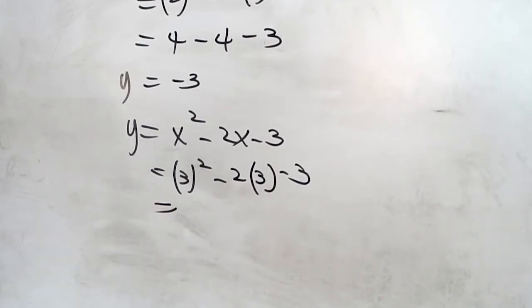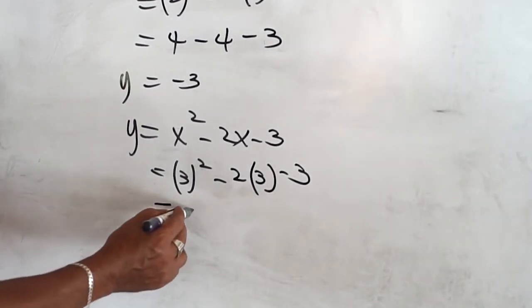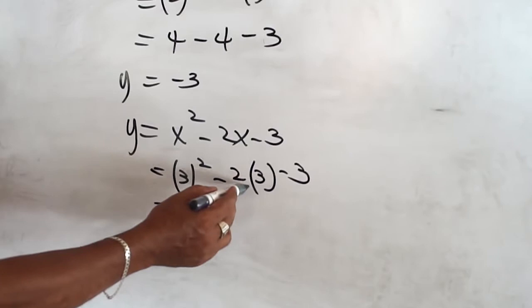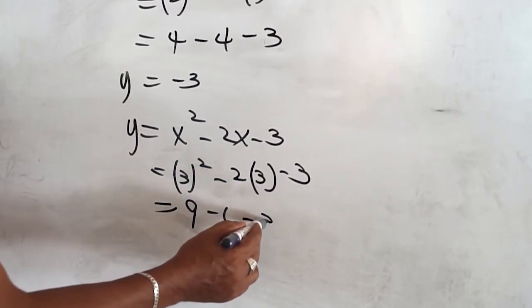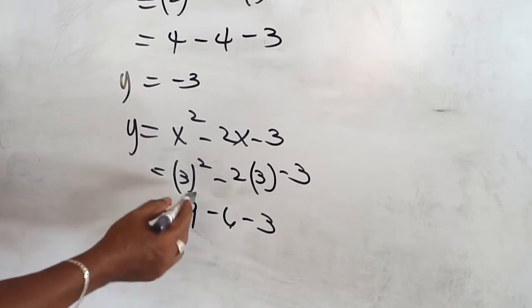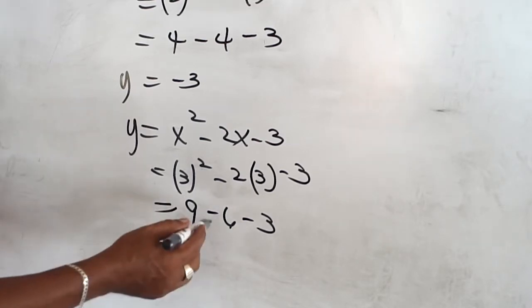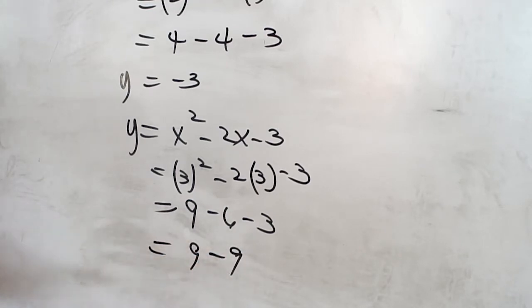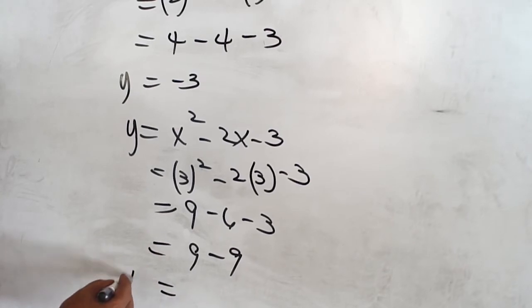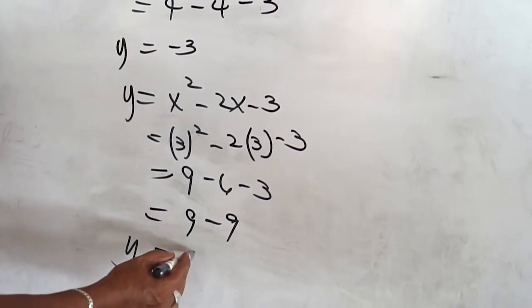The square of 3 is 9. Then negative 2 multiplied by positive 3 is negative 6. Then we have negative 3. Then add: negative 6 and negative 3 is negative 9. So 9 minus 9, the value of y is equal to 0.